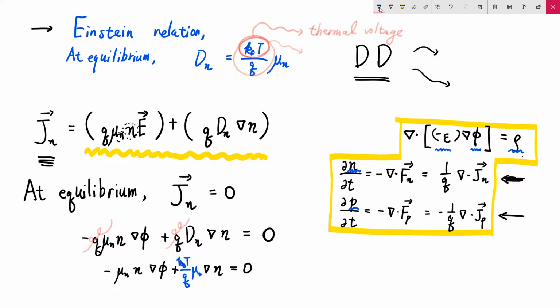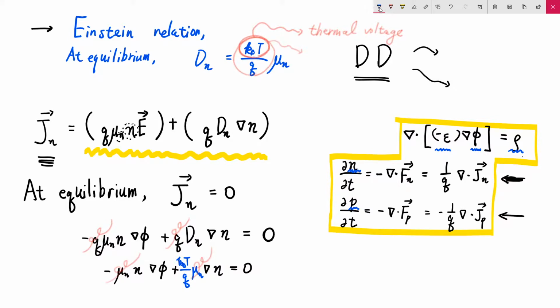Although mu n can be a complex parameter, if we have mu n on both sides, then we can safely divide the left hand side and right hand side by mu sub n, and we will have a much simplified form.